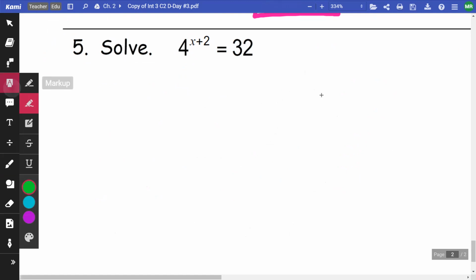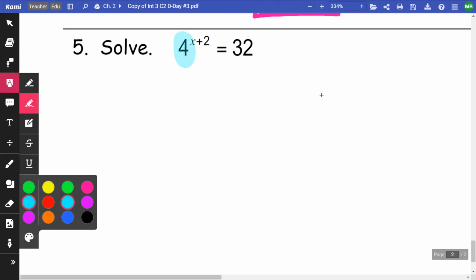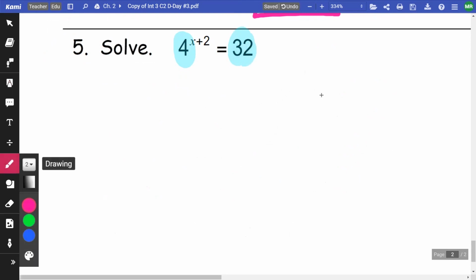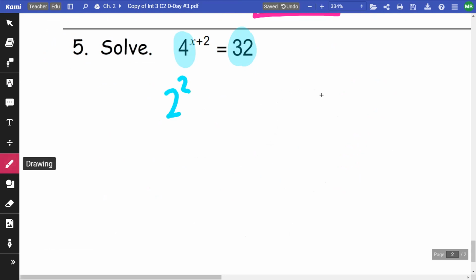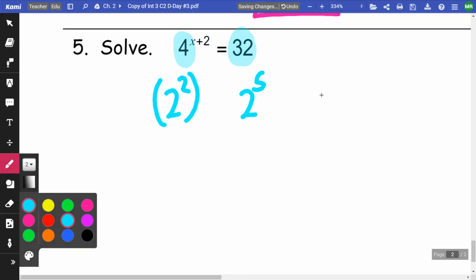But I can break down my 4 and my 32 to both 2 to powers. So 4 is really 2 squared, and 32 is 2 to the 5th. Now my 2 squared, which is 4, is being raised to the x plus 2, equals 2 to the 5th. Now I have both of them being the same base.